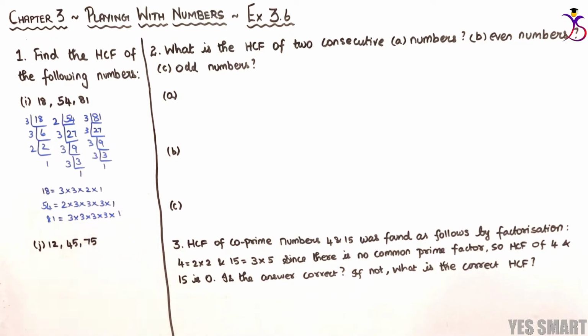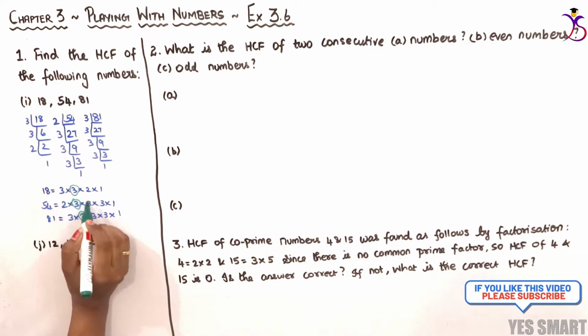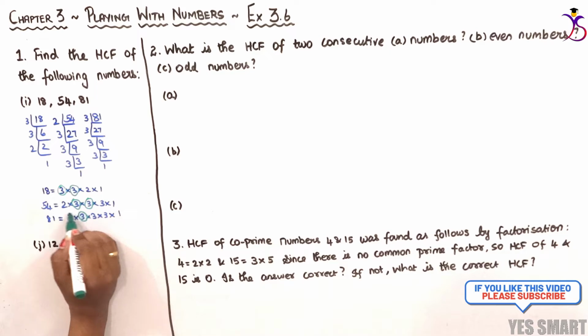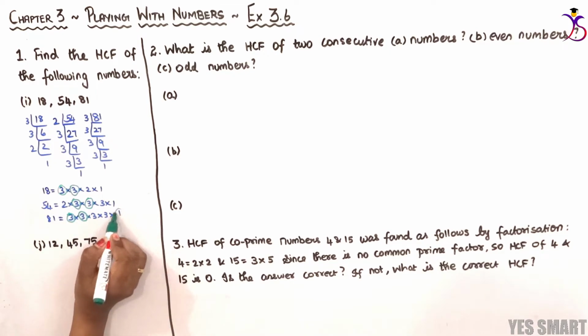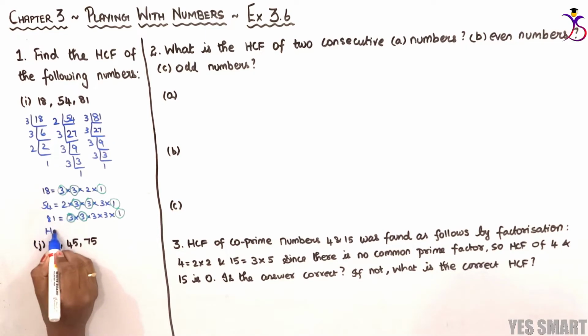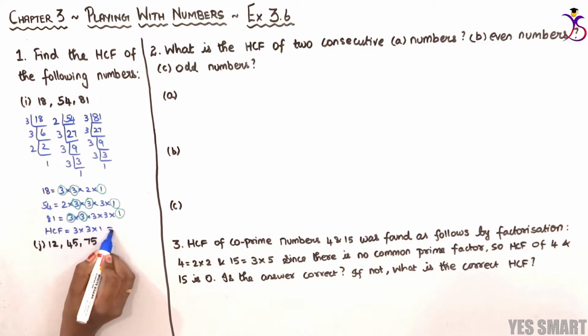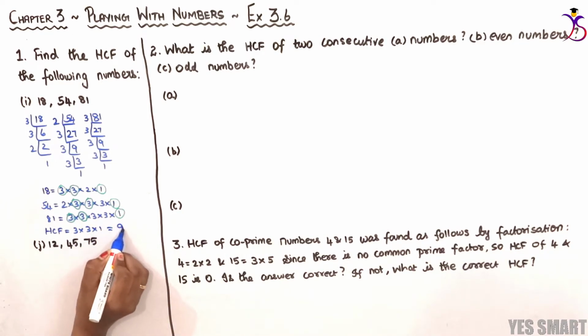Now let's circle the common factors. We have 3, one more 3, and we have 1. Therefore, HCF is 3 into 3 into 1, which is 9.